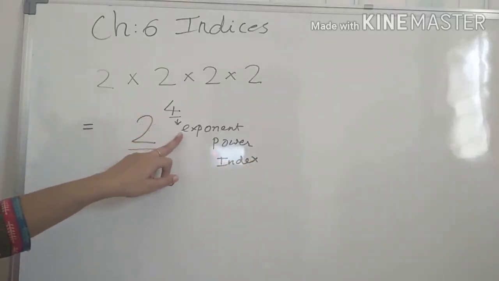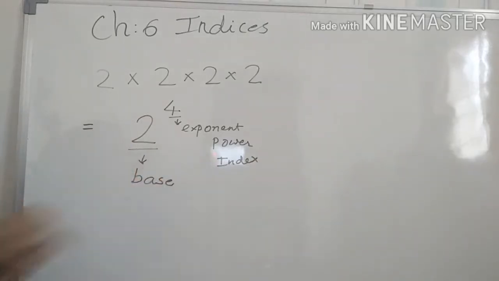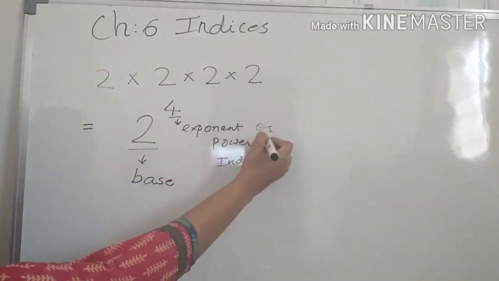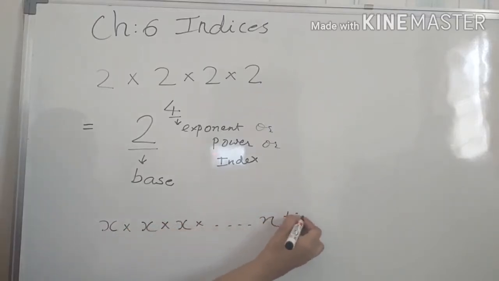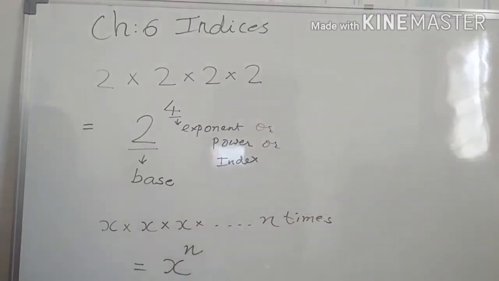Now in general, for any number, suppose x, if I write x multiplied by x up to n times, then in short form I can write x raised to n. So this is the generalized form of our indices, or you can say exponent.